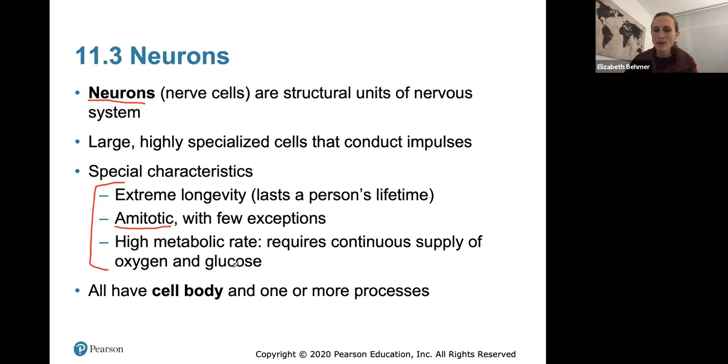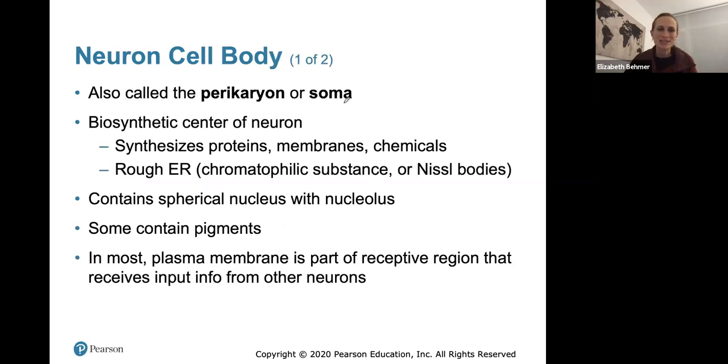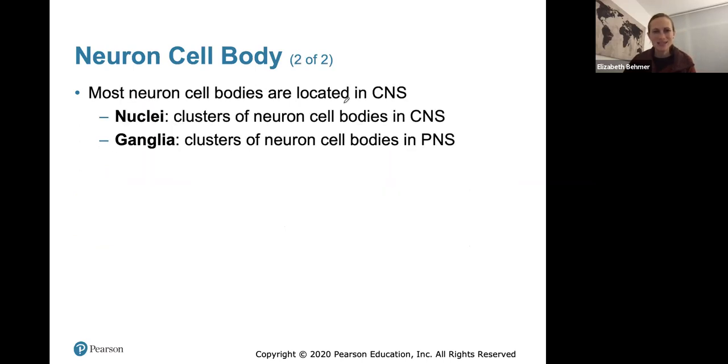They all have a cell body and one or more processes. The cell body is the biosynthetic center. Most neuron cell bodies are located in the central nervous system. Clusters of neuron cell bodies in your central nervous system are called nuclei, and ganglia are clusters of neuron cell bodies in the peripheral nervous system.